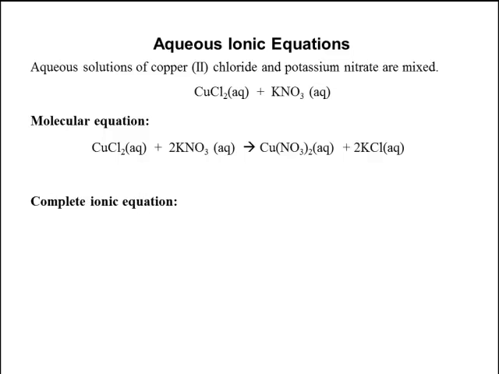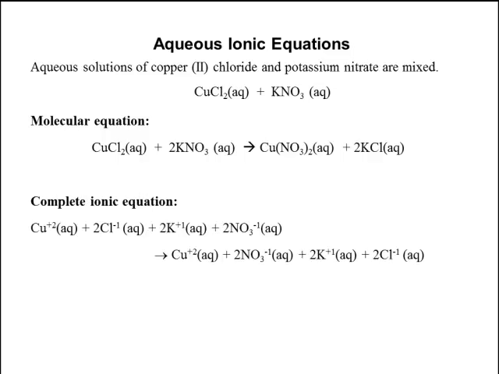Break everything up into its ion forms, and then cancel out the spectator ions to get the net ionic equation. Well, everything is aqueous, so overall I have no reaction occur. Now, simply because everything is aqueous doesn't mean I can't write out a molecular equation and a complete ionic equation. You can still do those steps even though you're not going to have a reaction overall.